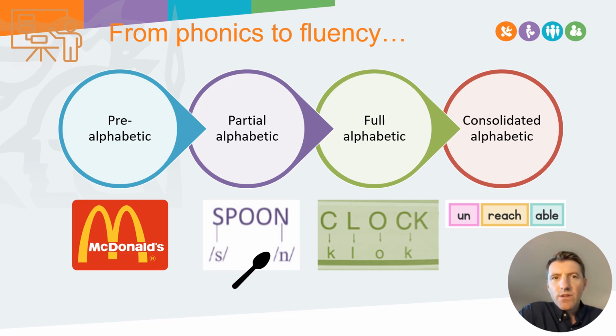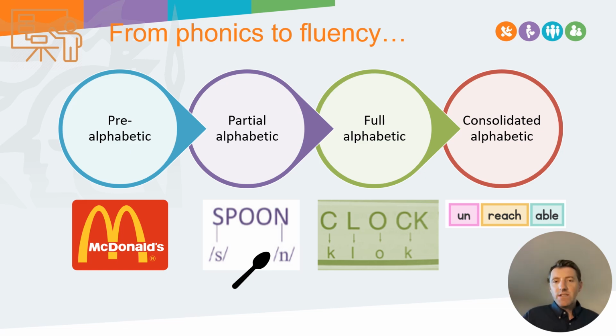Really, really interesting work by Linnea Ehri, who proposed a model that said that reading development takes place over 4 stages. They're flexible, children move through them at different levels, but ultimately there are 4 levels to developing a fluent and competent access to decoding.